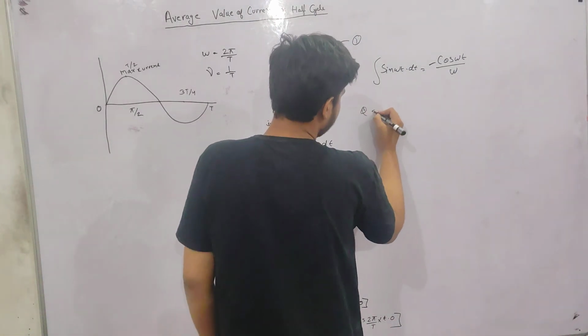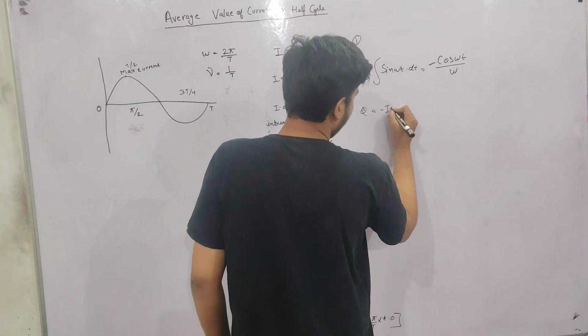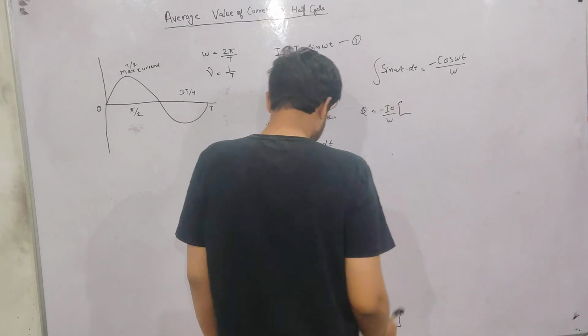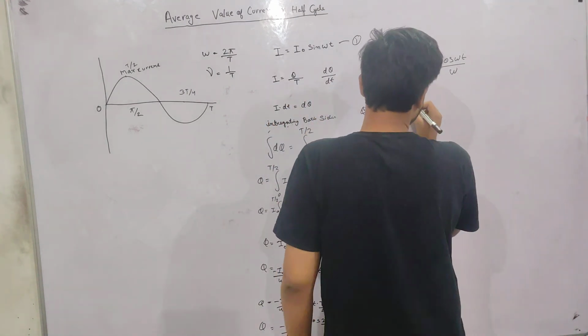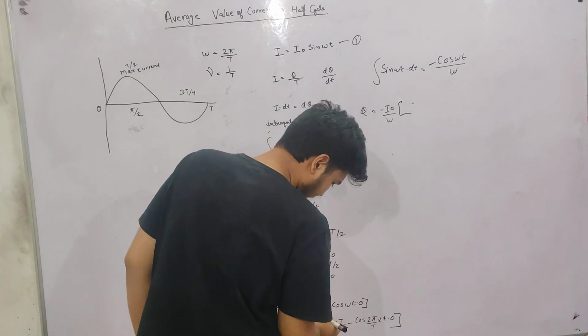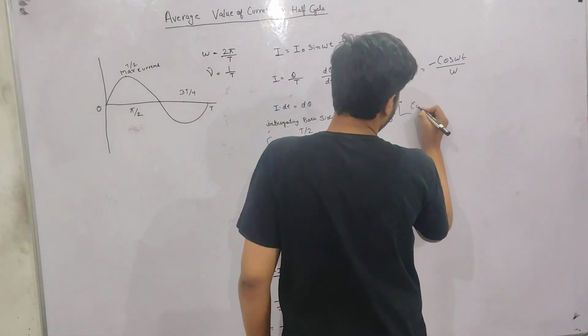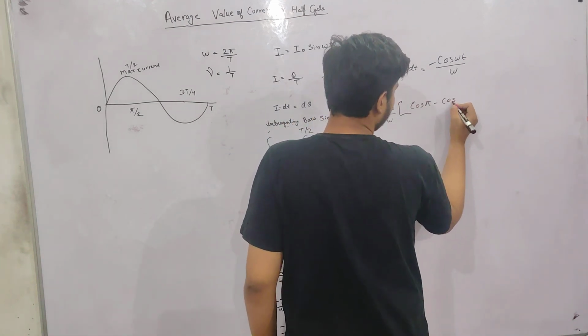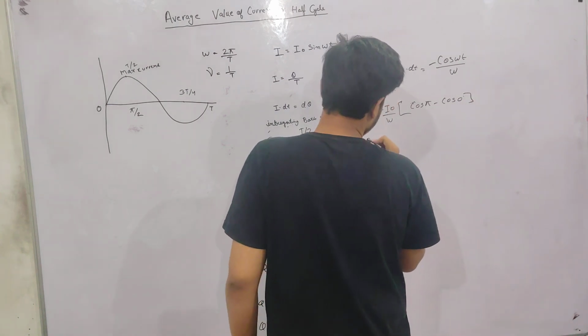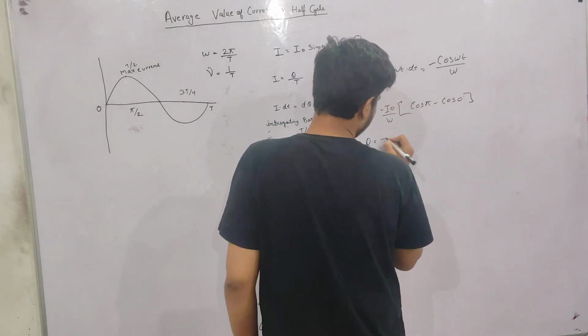Here we can write charge equals minus I naught by omega times cos pi minus cos 0 degree.